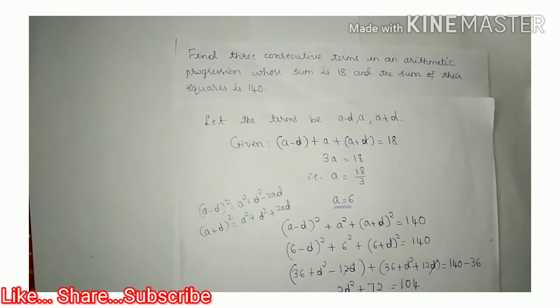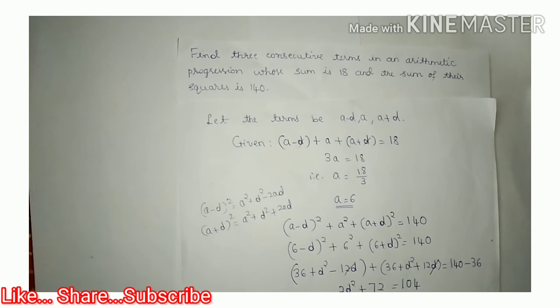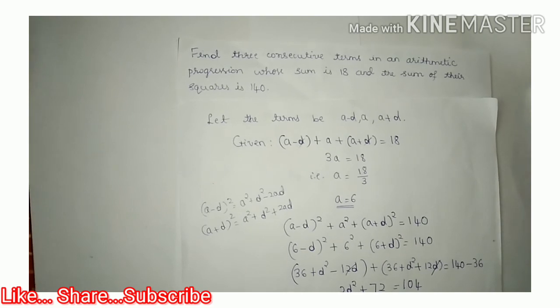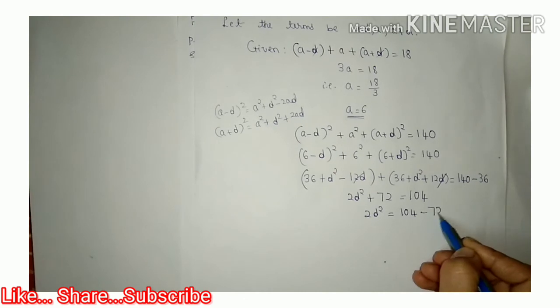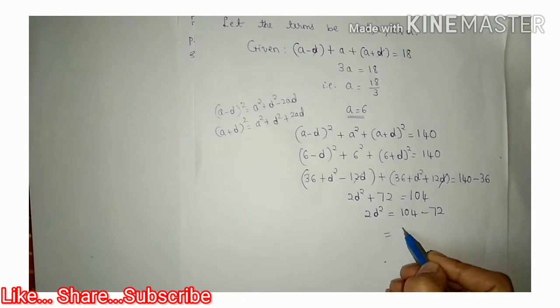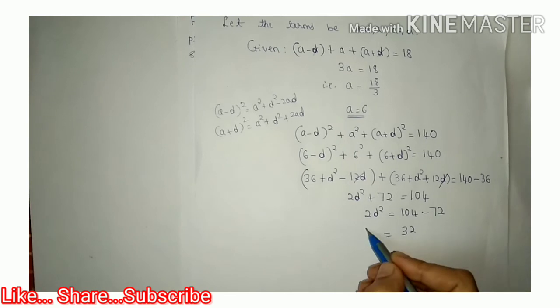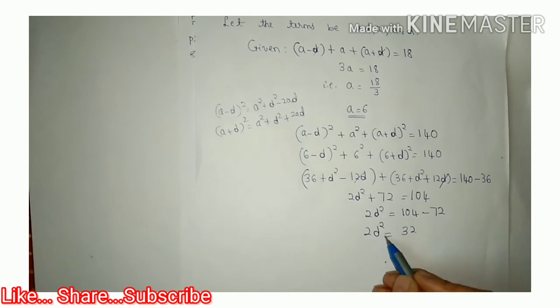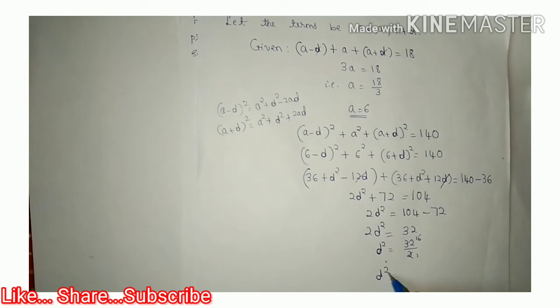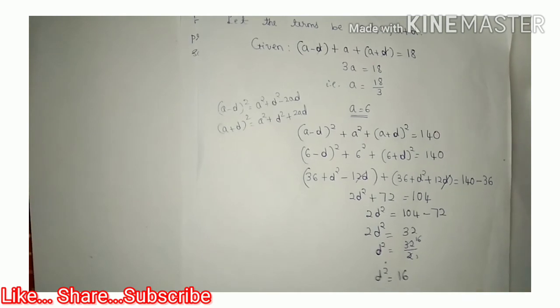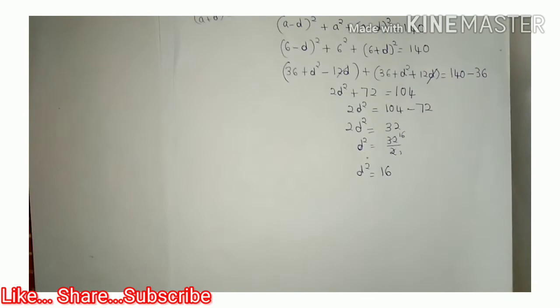Or 2D square is equal to 104 minus 72. 104 minus 72 is 32. 2D square is equal to 32, or D square is equal to 32 by 2, 16. D square is equal to 16.